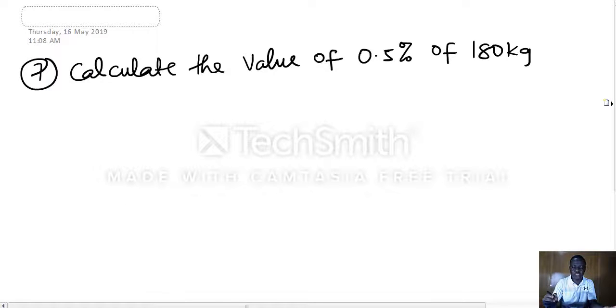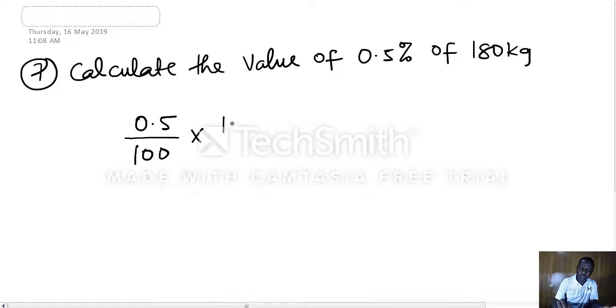Question 7 says we should calculate the value of 0.5% of 180 kilometers. So this can be expressed as 0.5 divided by 100 times 180 over 1. Remember what I told you, that percentage means to be divided by 100.